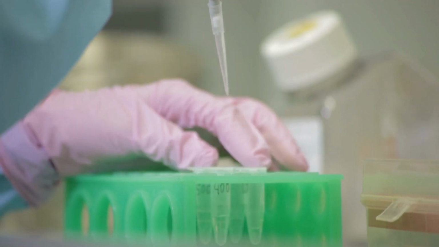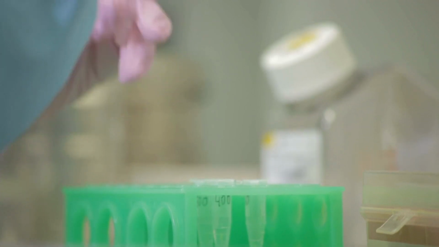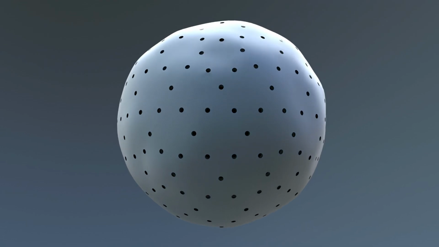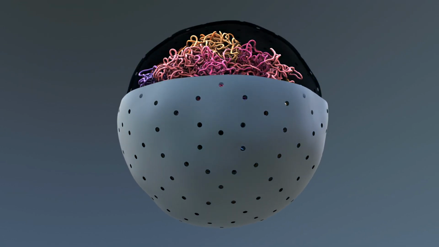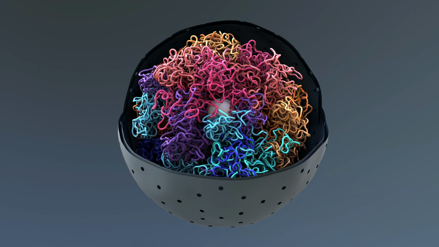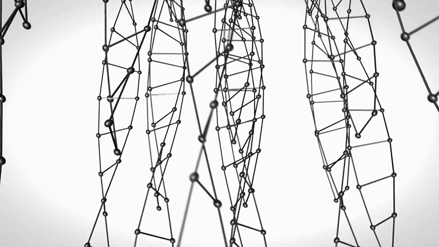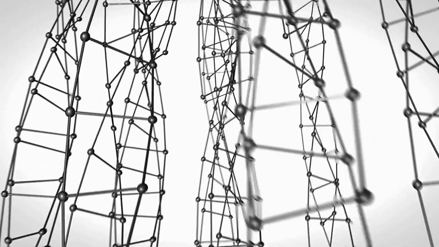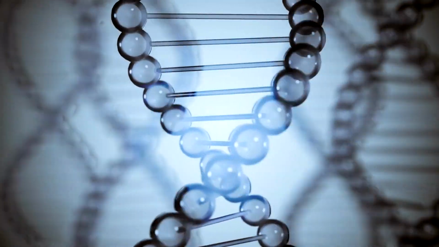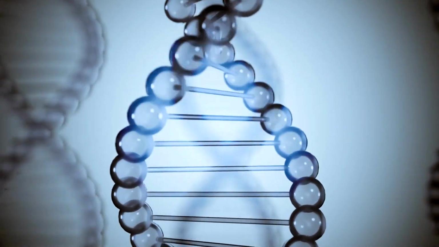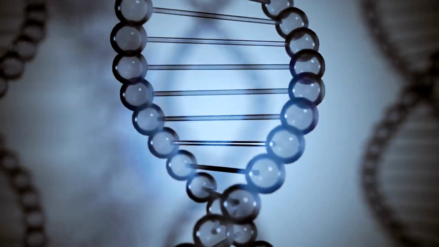So how exactly is DNA passed from one generation to the next? It all happens during reproduction. During the formation of eggs and sperm, known as gametes, DNA is packaged into chromosomes. Humans have 23 pairs of chromosomes, with 1 set coming from each parent. During meiosis, these chromosomes undergo a process called crossing over, where they exchange genetic material.